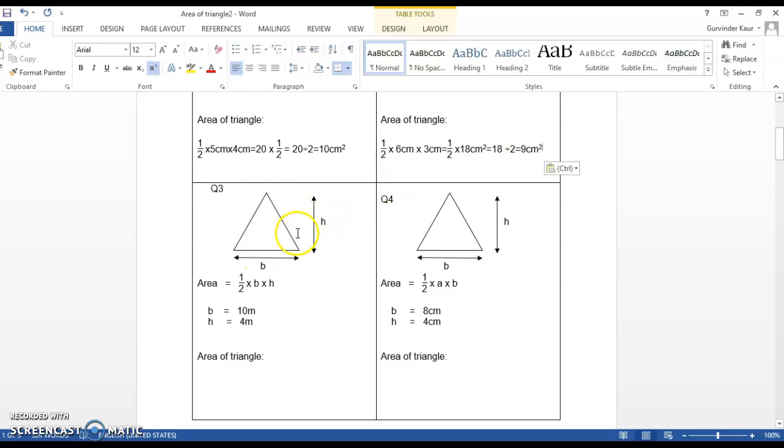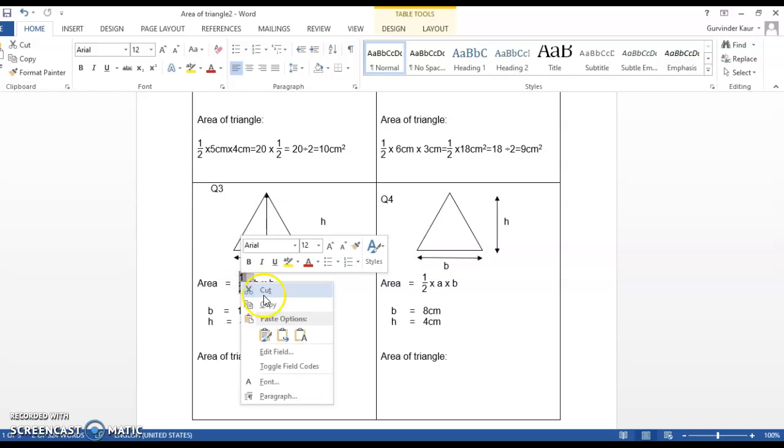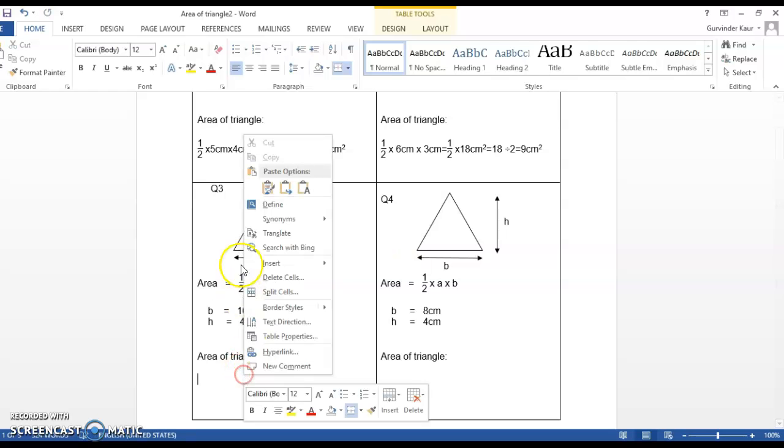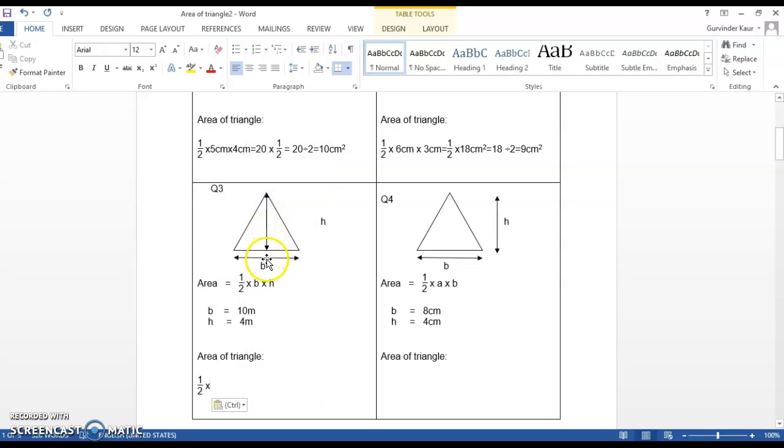Okay, so we have a triangle, and we are going to find the area of the triangle. So we have half times base times height. Okay, let's put the height in. Alright, so we have half. Let's do the question. Half times, what is the base?